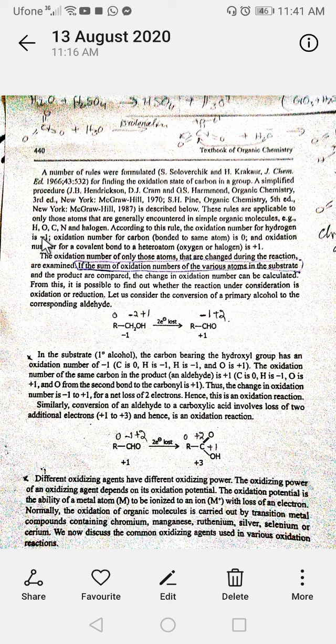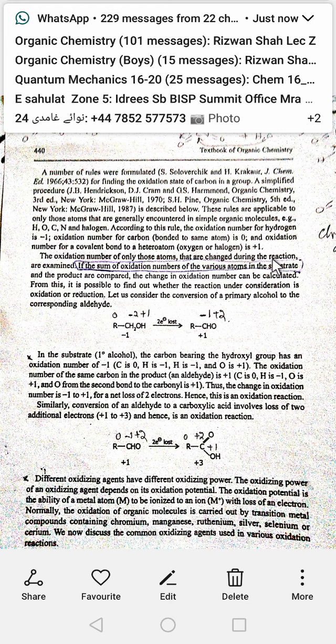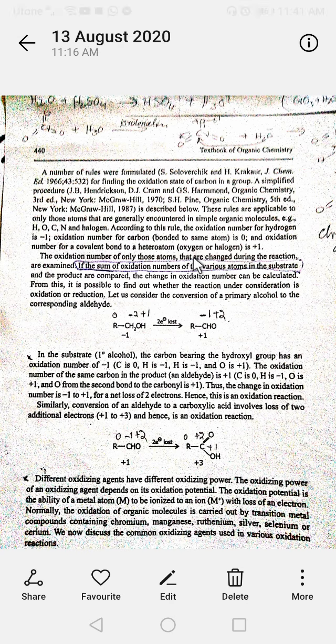Oxidation number for hydrogen is -1. Oxidation number for carbon bonded to the same carbon atom is 0. Oxidation number for a covalent bond to a heteroatom, oxygen, halogen, etc., if it is present, then their oxidation state is +1.